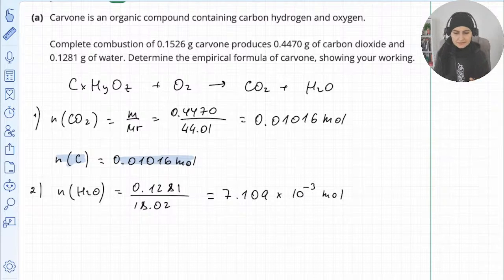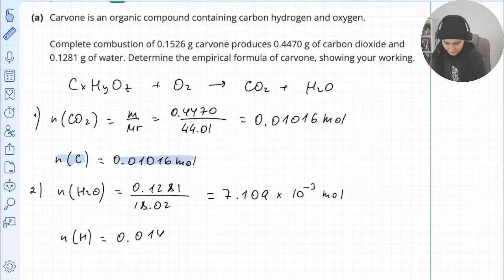Okay, that's the number of moles of water molecules. The number of moles of hydrogen would be twice as much because each water molecule contains 2 H's, right? So the number of moles of H would be that number times 2, which gives me 0.01422 moles. Okay, that's fine.